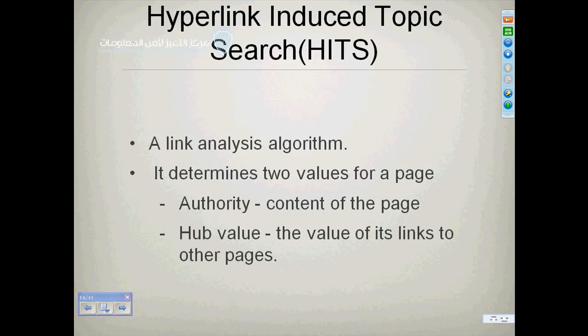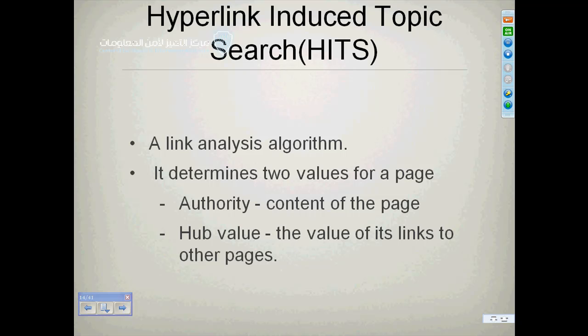In this approach, for every page, there are two numbers being computed. One is called the hub value of a page, and the other is called the authority value of that page. When you finish, every page will have these two numbers assigned to it.